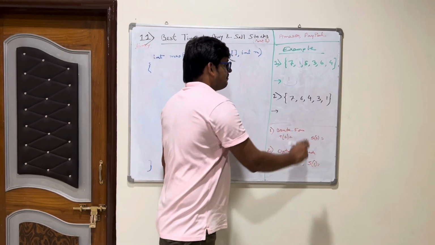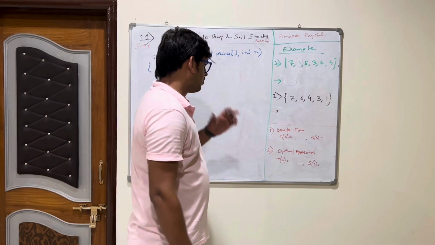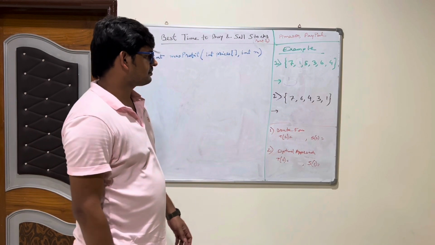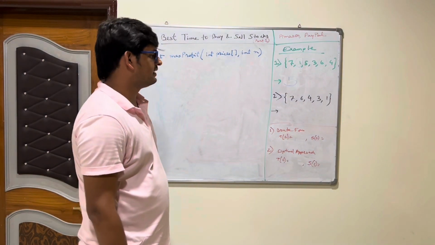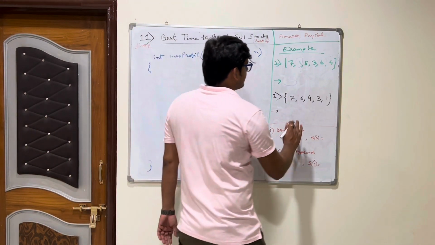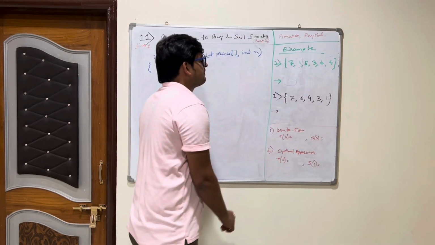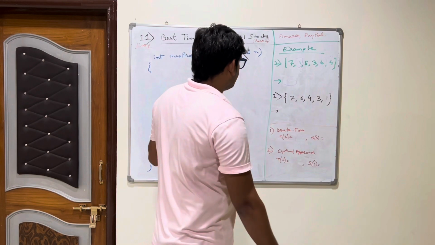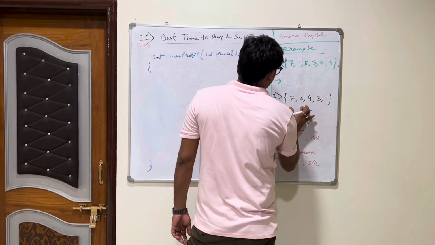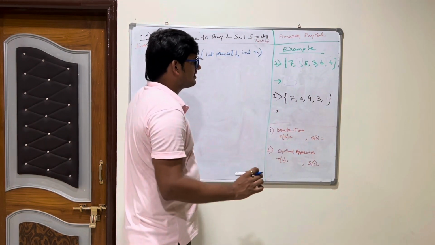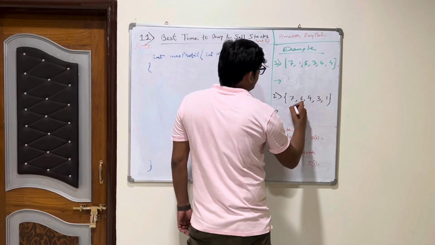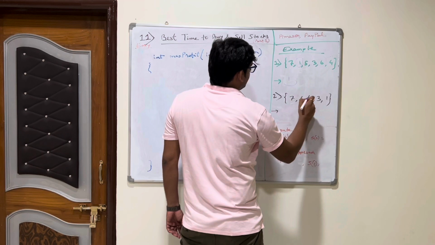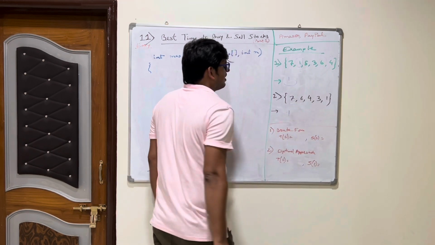So for the second example, 7 6 4 3 1, we can see that the array is in descending order, right? So there is no chance that we can have a profit. Also, I think in the question it could be that we have to give the minimum loss. In that case, the minimum loss we can have is, if we buy on day 1 and sell it on day 2, then we will be at a loss of minus 1.